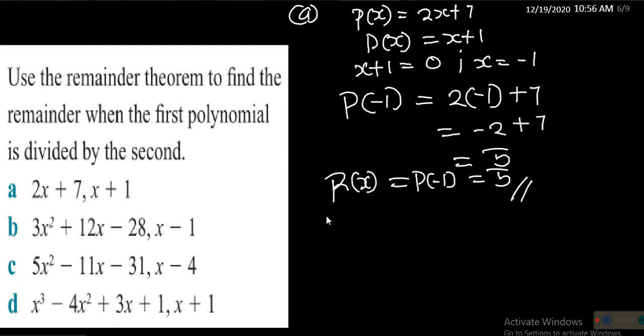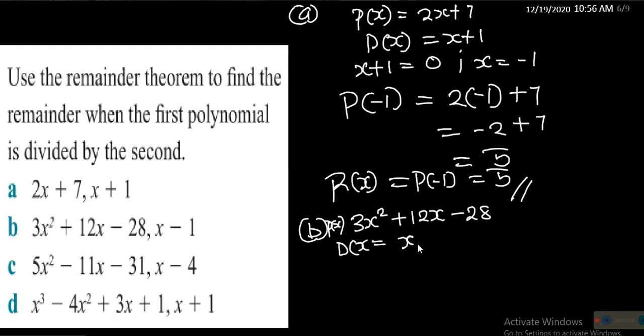Okay, let's solve the next problem. We do the same thing for the second one. For b, we have 3x squared plus 12x minus 28 as p of x and d of x equals x minus 1. So if x minus 1 equals 0, we have x equals 1.